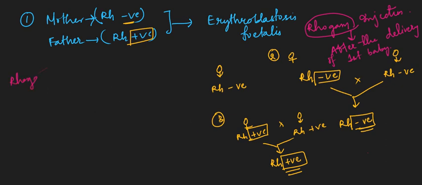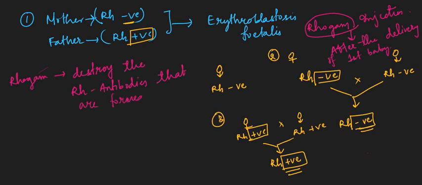This Rogam will destroy the Rh antibodies that are formed inside the mother's body. The Rh antibodies that are formed inside the mother after the parturition of the first baby are actually causing the problem. So we will destroy them through this Rogam injection.